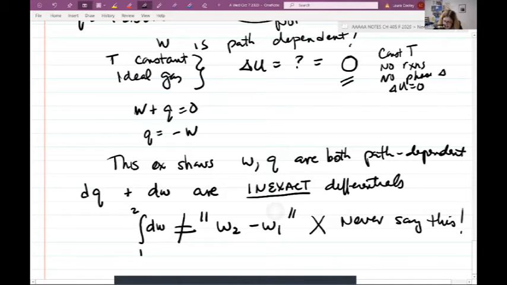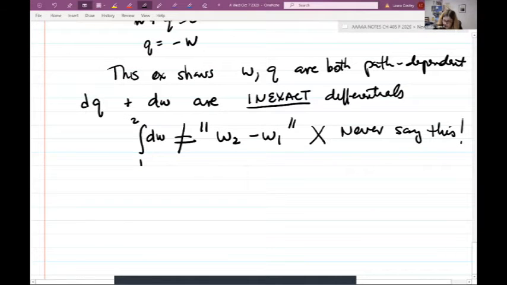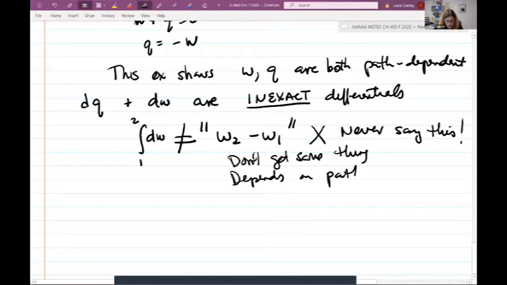In each of the examples above, to calculate the work we specified a path, either the reversible path or the constant pressure path, and we got two different answers. So when you integrate dW, you don't get the same thing. It depends on the path. I can't say that enough times.